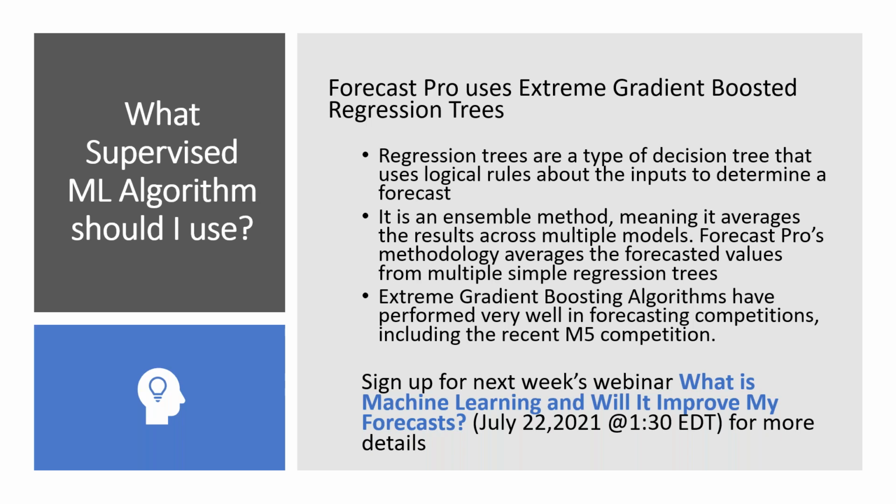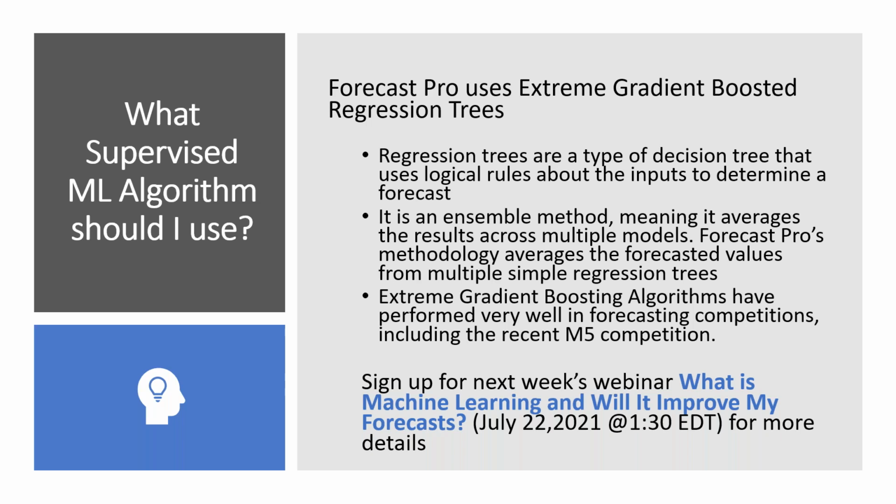But one of the key things to think about is that you don't actually have to go to that webinar, because the way that we have implemented machine learning in Forecast Pro, we've basically automated it. We've implemented a fully automated machine learning algorithm that uses just the information in your historic demand.